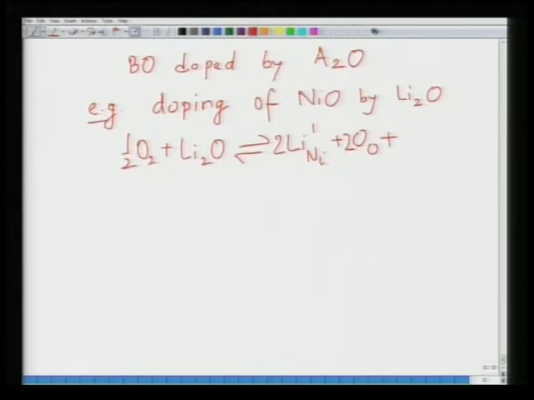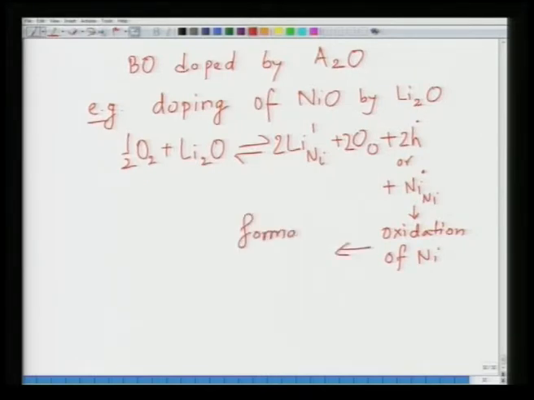In this case, it can result in either the formation of a hole, or you can represent this by Ni at Ni site. This is nothing but oxidation of nickel, which means formation of Ni3 plus.